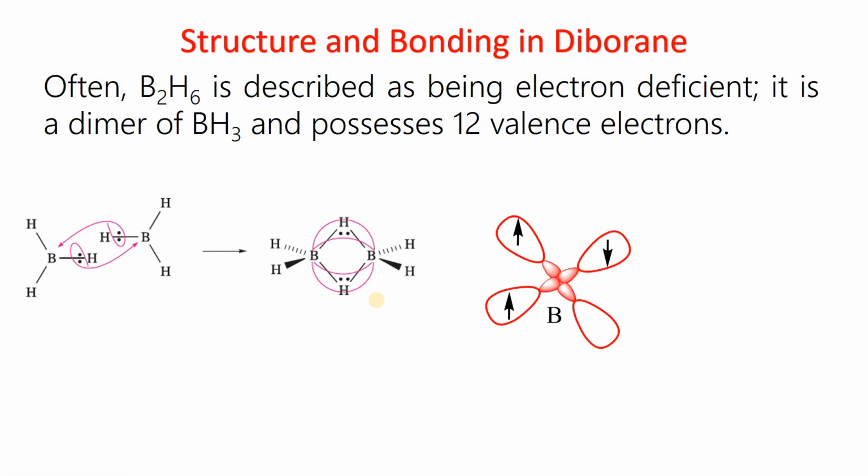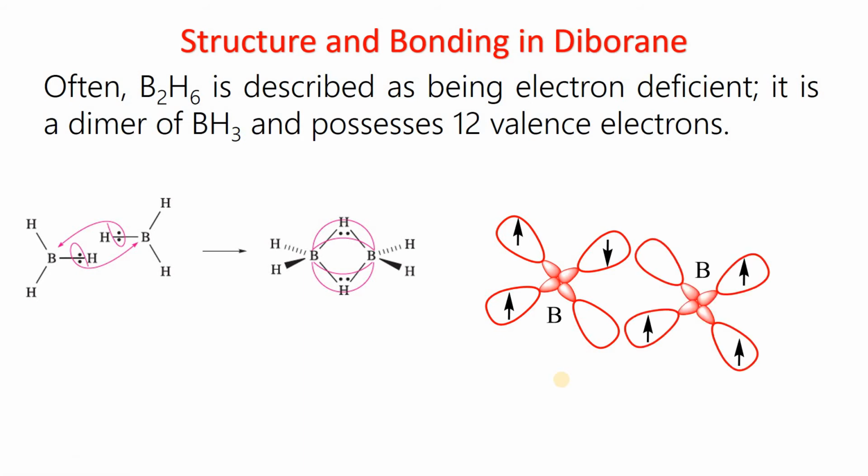Okay, if we talk in terms of hybridization, then the central boron atom is approximately sp3 hybridized, and as we know, boron has only 3 valence electrons, 2 in 2s and 1 in 2p. So these 3 electrons occupy any 3 of the sp3 hybrid orbitals and the 4th remains vacant.